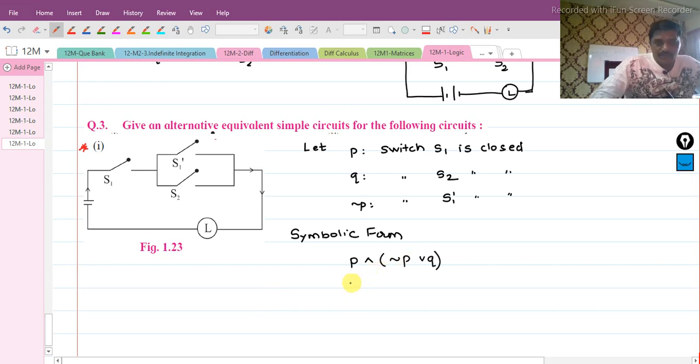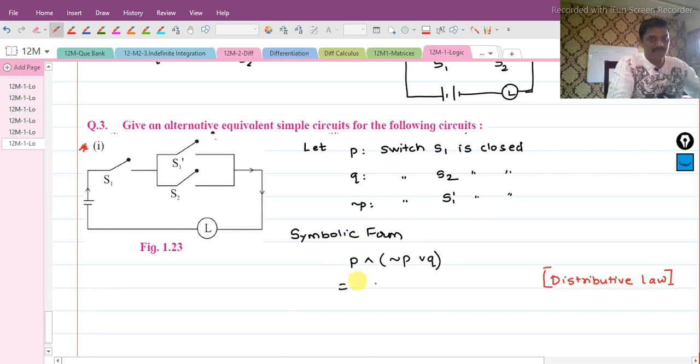So first of all I'll use the distributive law. Tell me, if I open this and use the distributive law, what will I get? The whole bracket will open.